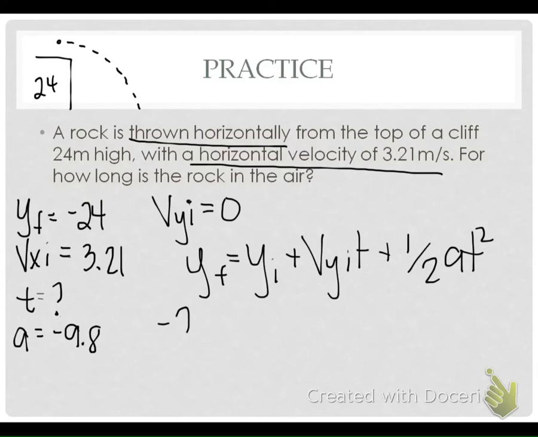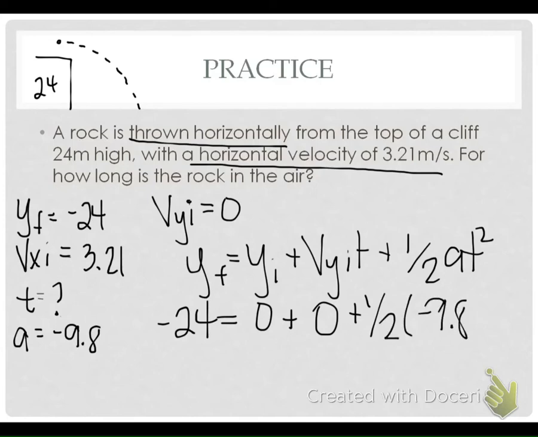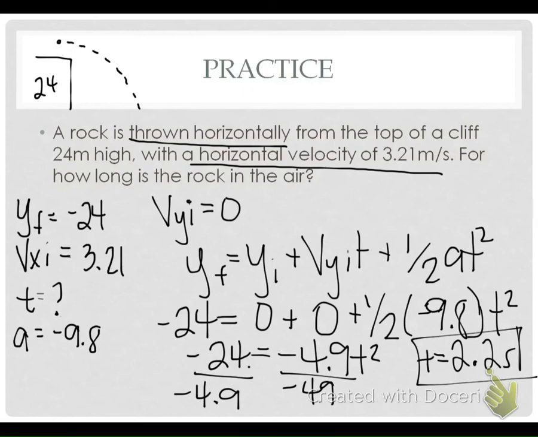We know y final equals negative 24, v yi is 0, and 1/2 times negative 9.8 times t squared. All right, so we get 2.2 seconds for our time. We're going to have a couple other questions that we're going to answer, so make sure that you keep time circled so you know what it is.